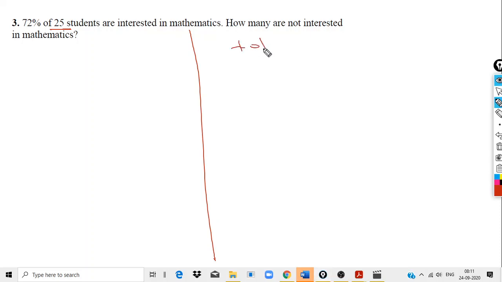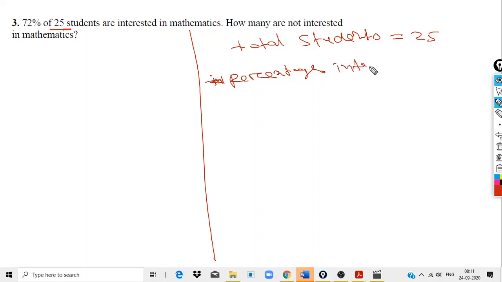You can write total students equal to 25. Interested percentage in math is equal to 72%. We need how many are not interested in mathematics.